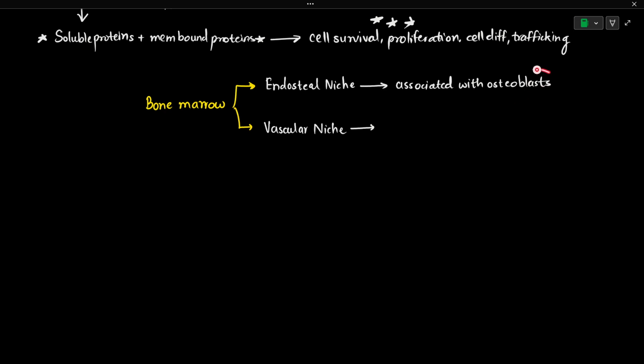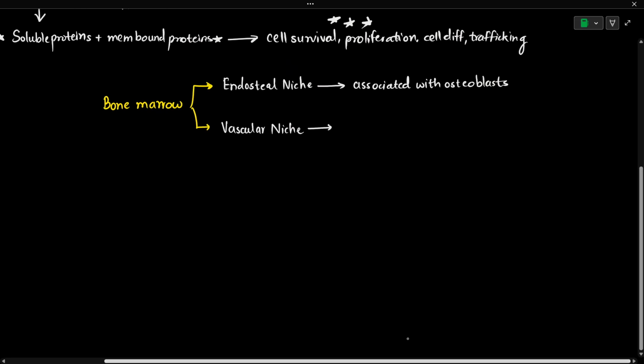So the osteoblasts are present in the bone marrow, and the area surrounding the bone and those osteoblasts, the area in close association with osteoblasts, provides a niche known as the endosteal niche to the hematopoietic stem cells.